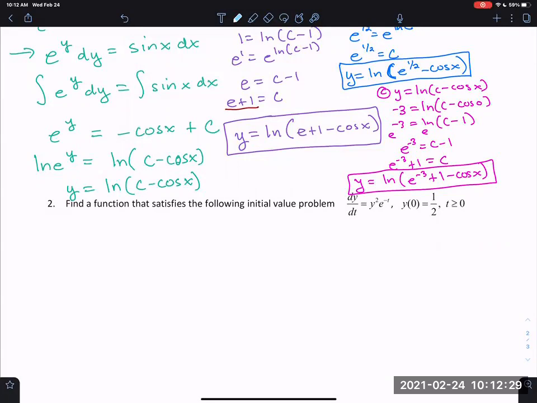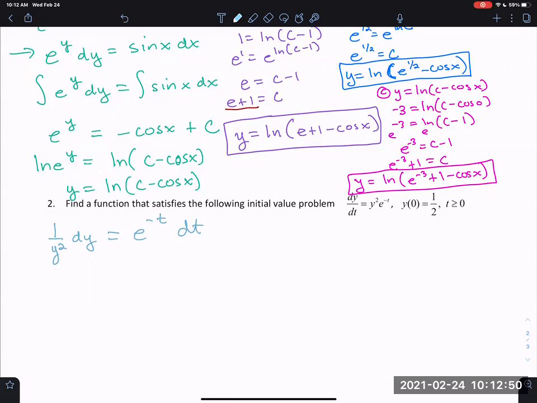Again, separate is our first move. So if I divide both sides by y squared, and I leave e to the -t and bring my dt over, that is what I'm starting with. Okay.